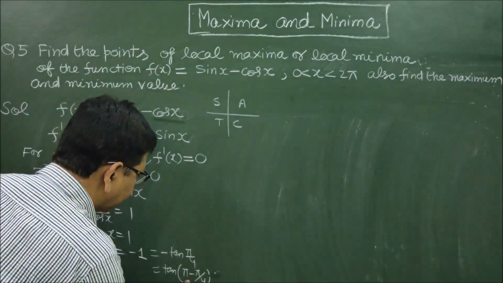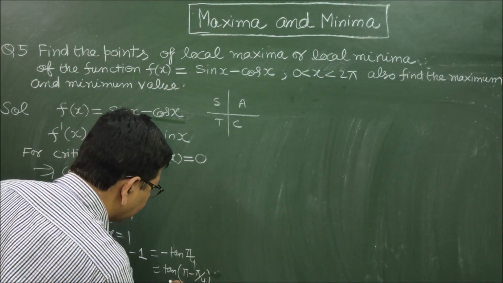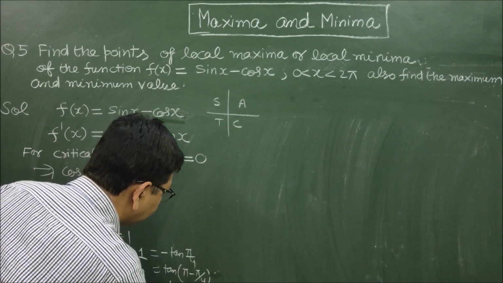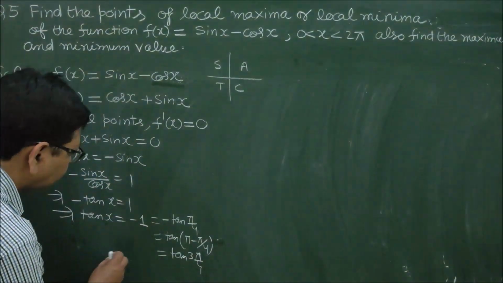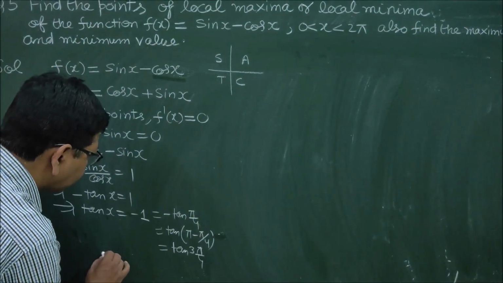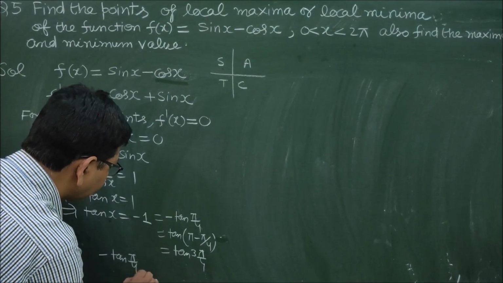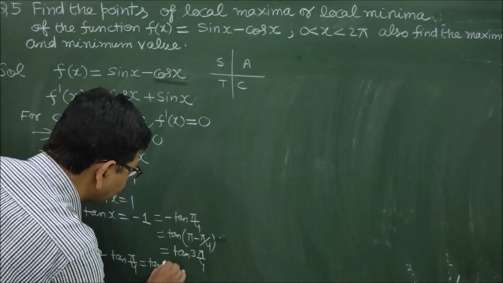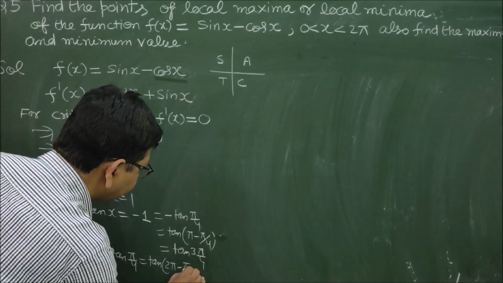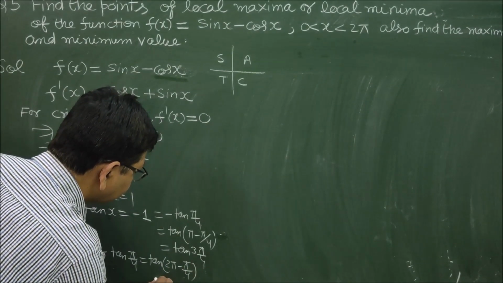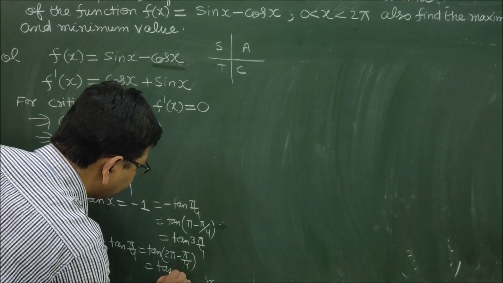So minus tan pi by 4 is equal to tan 3 pi by 4. We can also write minus tan pi by 4 as tan of 2 pi minus pi by 4 in the fourth quadrant, which is equal to tan 7 pi by 4.